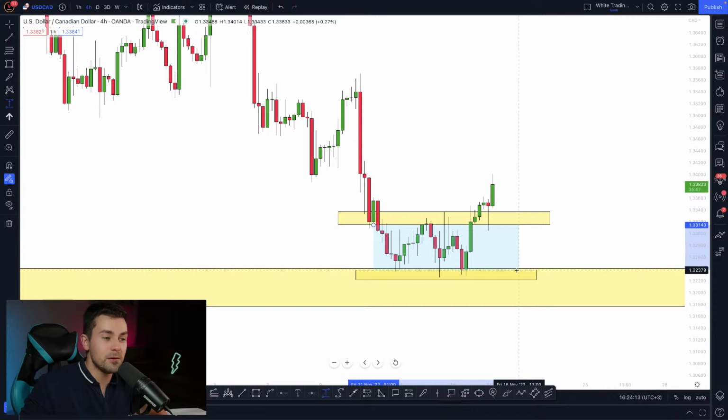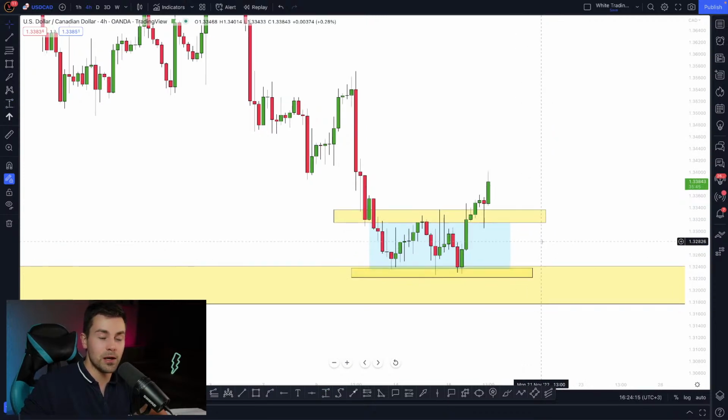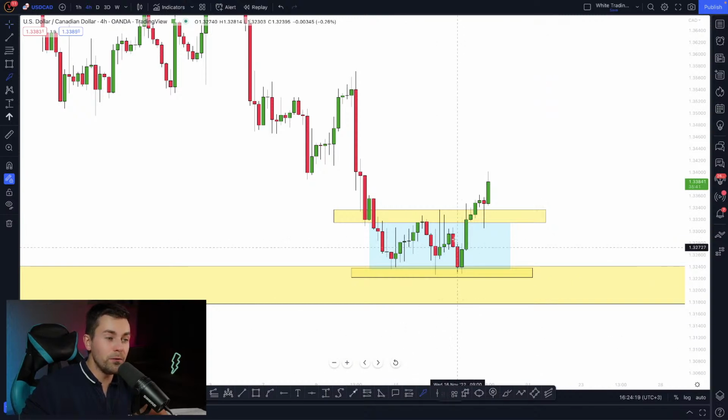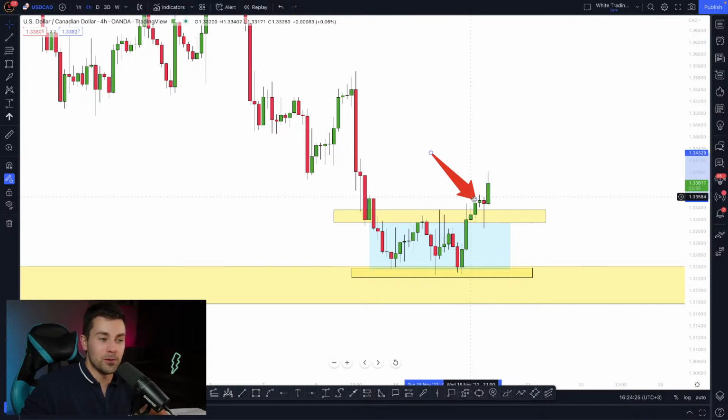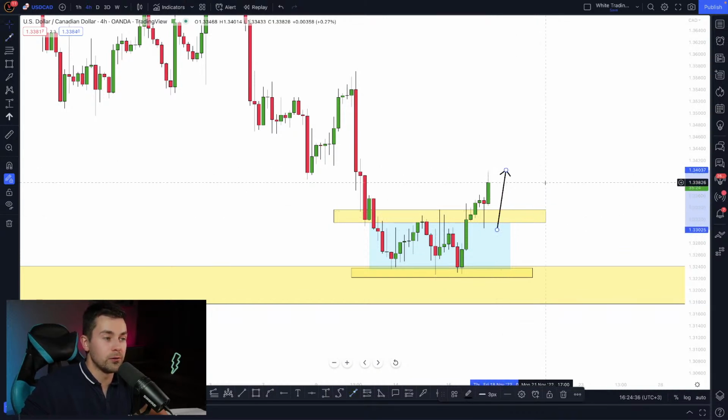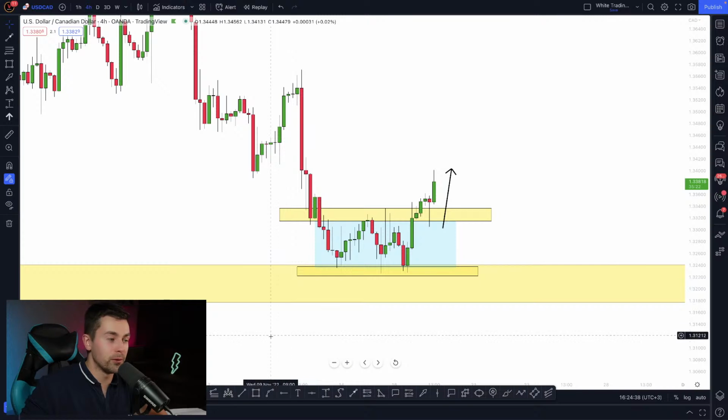You can see that here the market was consolidating. Here we got a local indecision, and the confirmation was the violation of its upper boundary to the upside. Once the market violated that, I published a bullish forecast for dollar cat, expecting a bullish continuation.